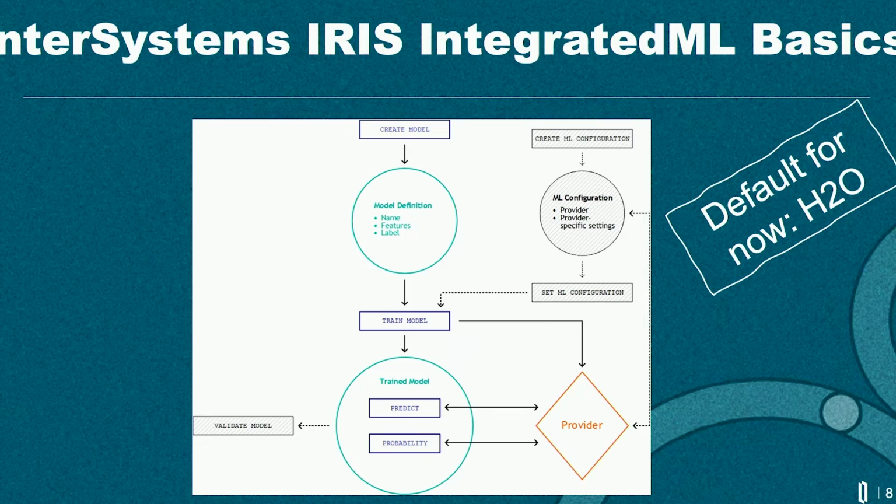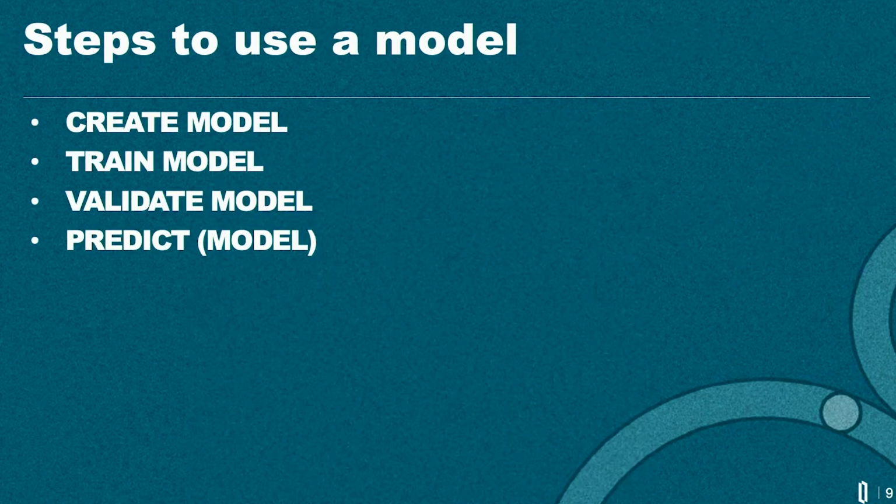We're going to train the model. We're going to then carry out some kind of prediction on it. And we're also going to check what probability the ML provider comes back with for the data that it has actually computed for us.